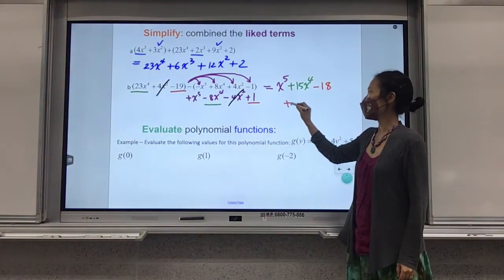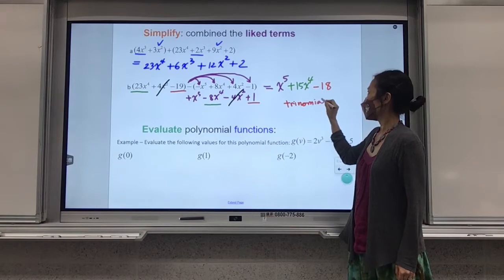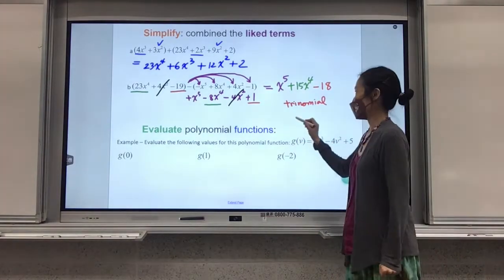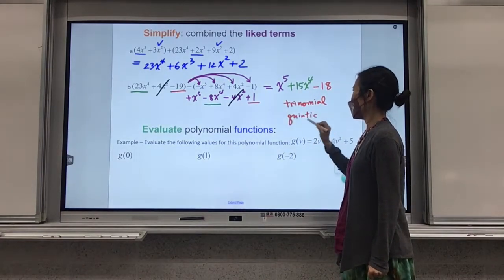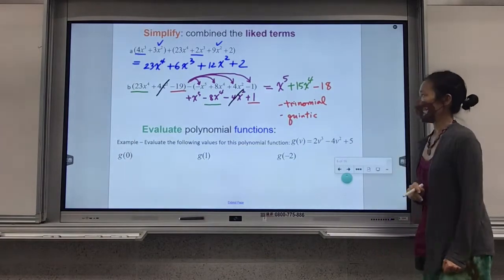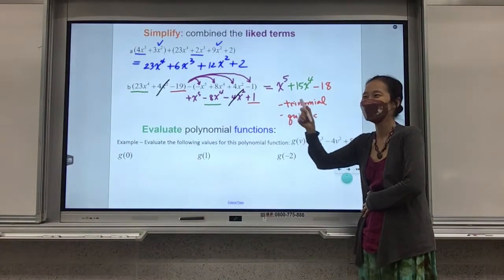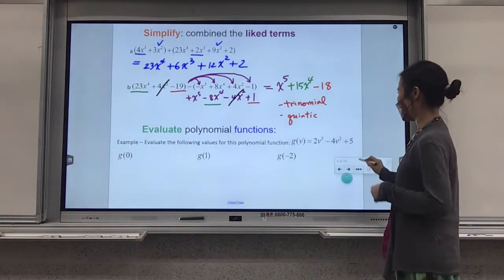This is a trinomial. And if it's by degree, it's a quintic. Yes. Good. That's the identity of this polynomial. Okay, great.